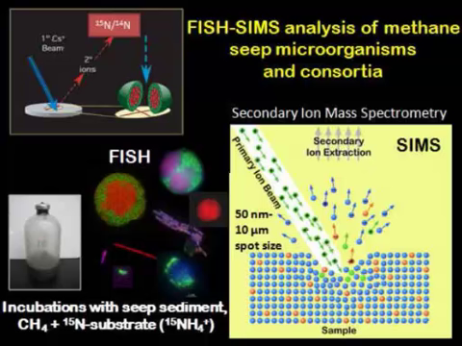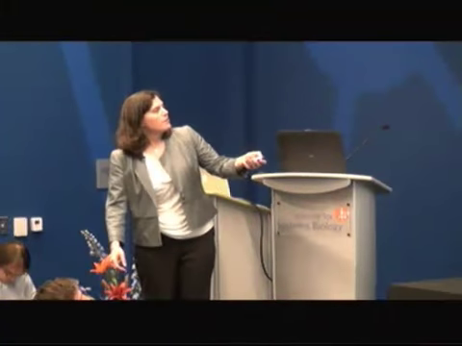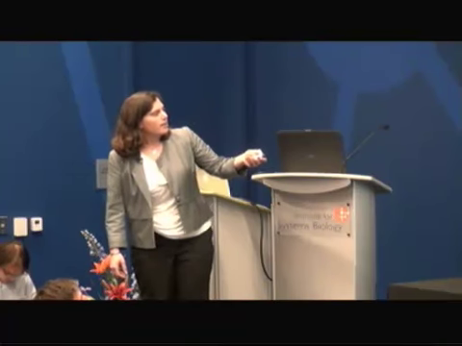And the way this technique works essentially is you can focus a primary beam of ions. In this case, we're using a cesium positive ion beam. Essentially, these ions get implanted in your sample. Secondary ions are excited in your material and then are sputtered from your sample matrix and then are collected through a mass spec.